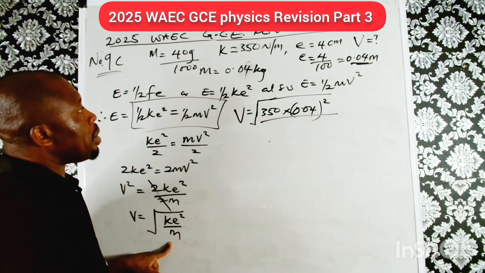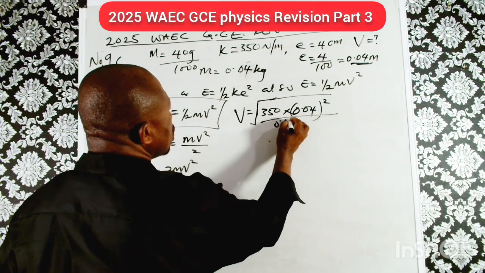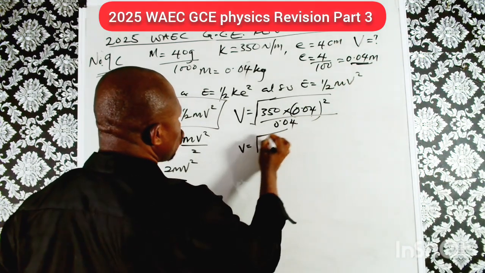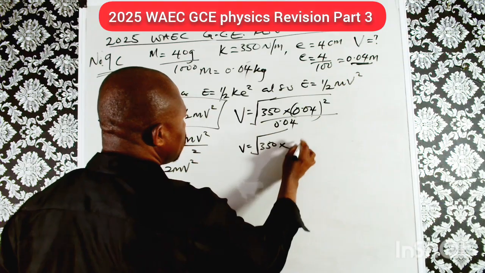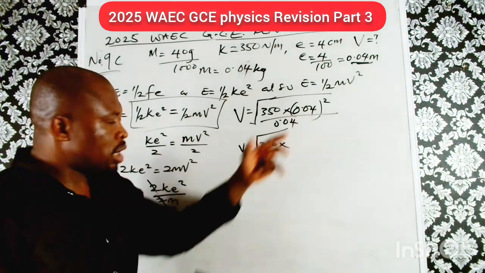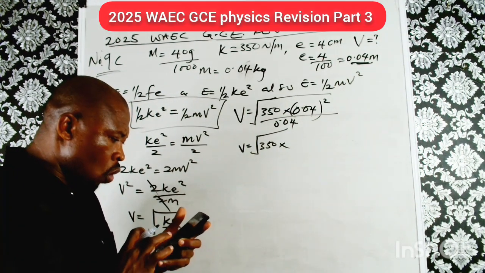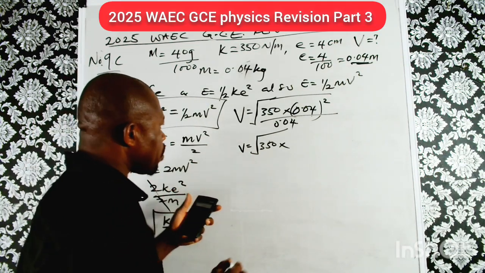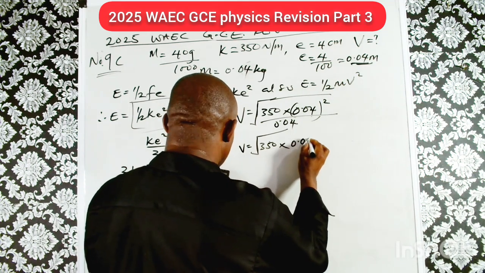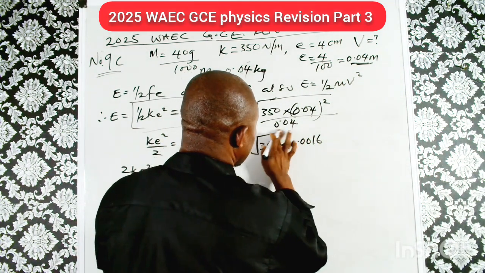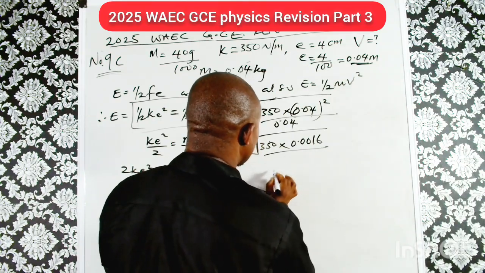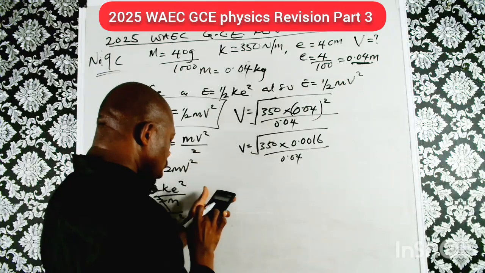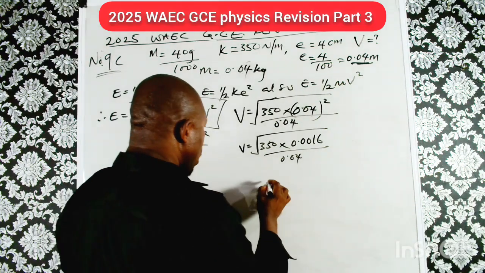Everything is all over m, the mass, which is 0.04.